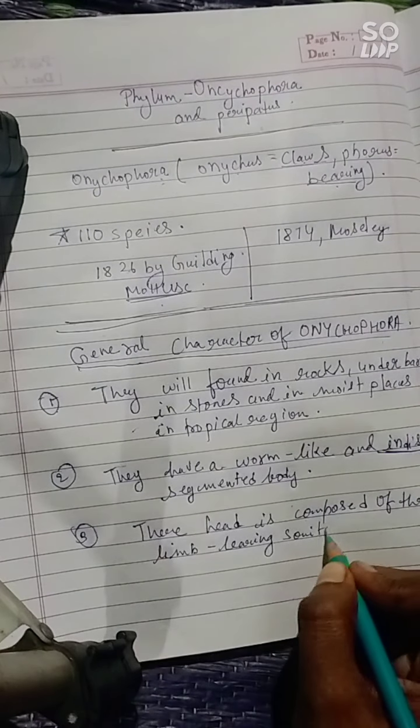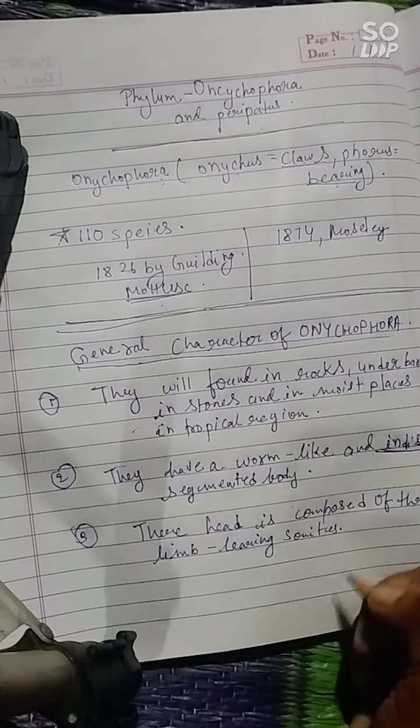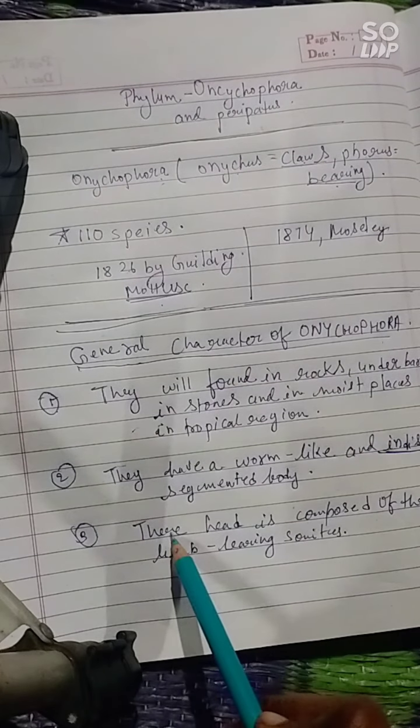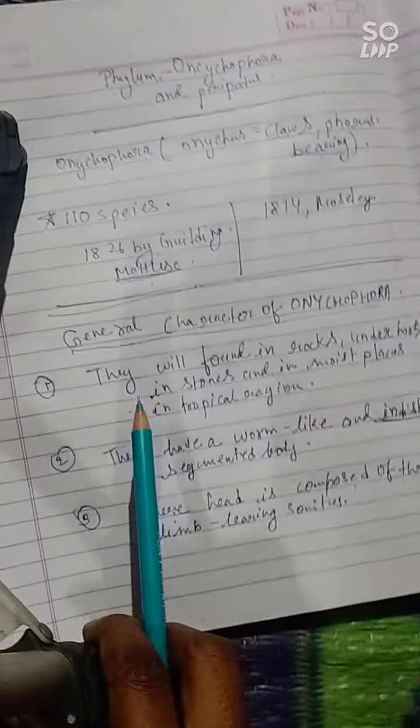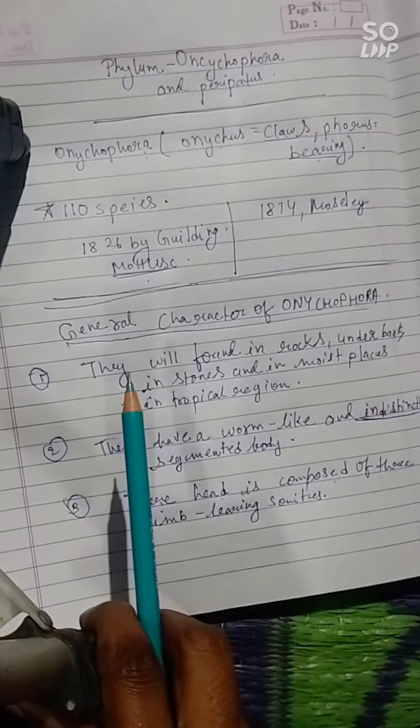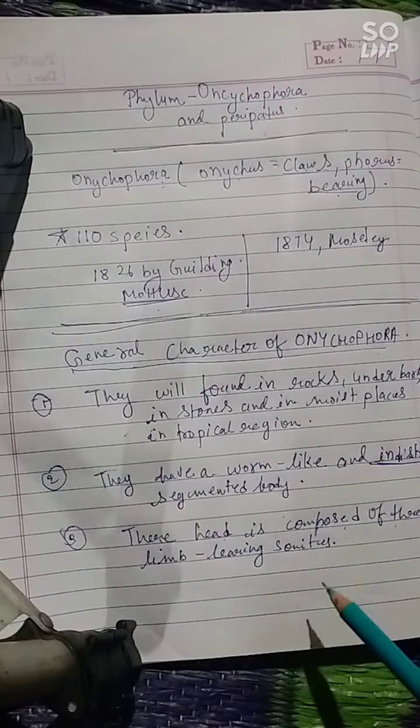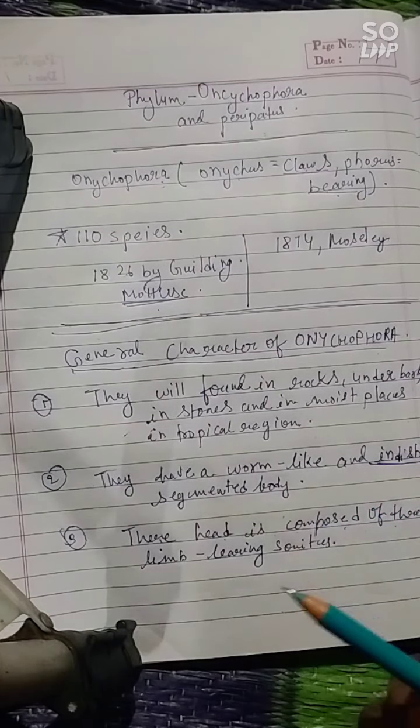So their head is composed of three limb-bearing somites, and thus the head bears three pairs of appendages.